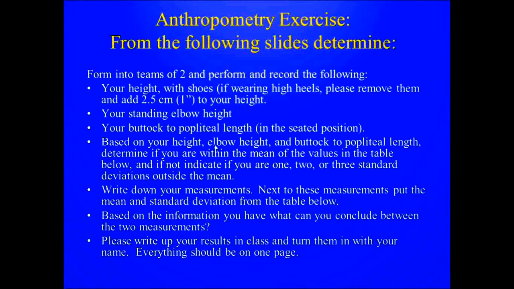I would have asked a class to go through this. They form teams of 2 to perform the exercise, and we now have a table in which that information can be used to give us information about the variability in the population measured. One of the things that will come up in the table is the height of the seat.